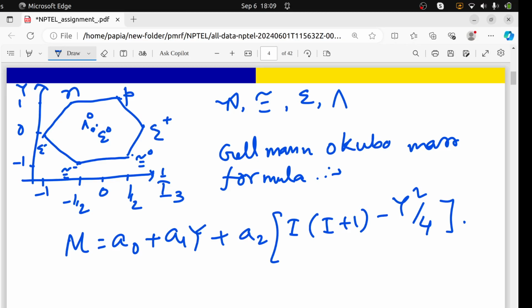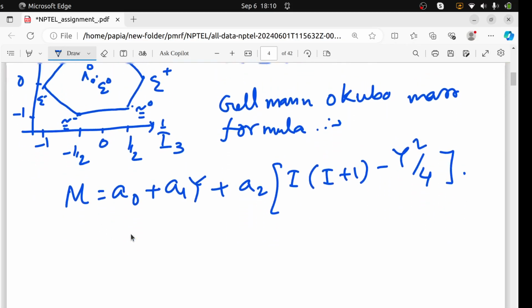This is the general formula. Sir has already explained how it comes, so I am not going to explain this expression right now, but we will see how it helps us determine the mass of lambda in terms of Mn, M cascade and M sigma.